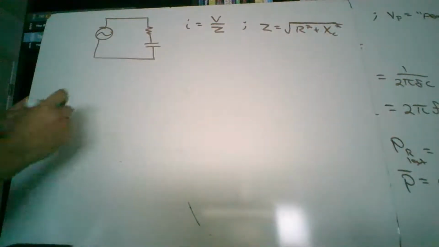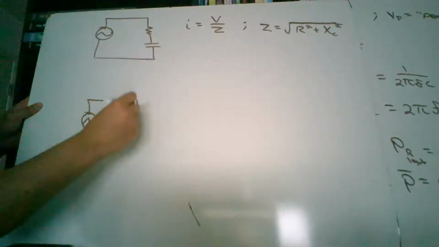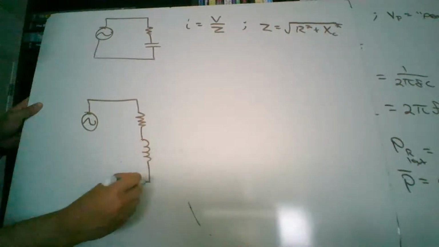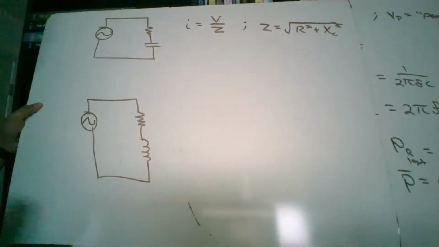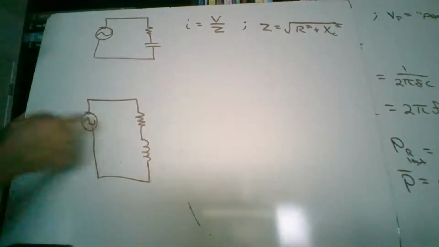Then we can do an AC power supply, and we can connect it to a resistor and an inductor. So now we're looking at the RL circuit with an AC voltage. What would happen there?